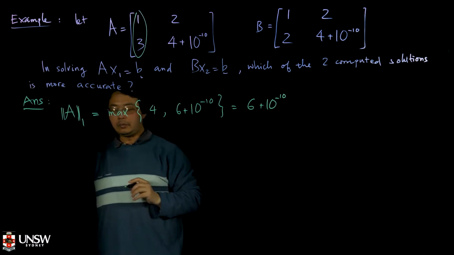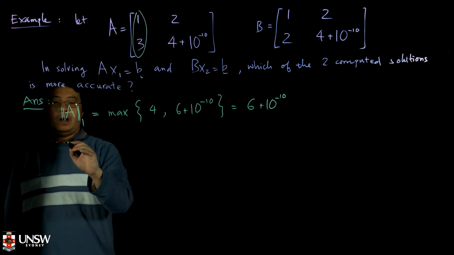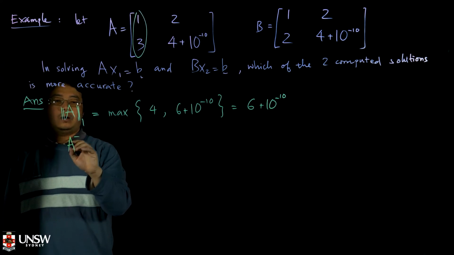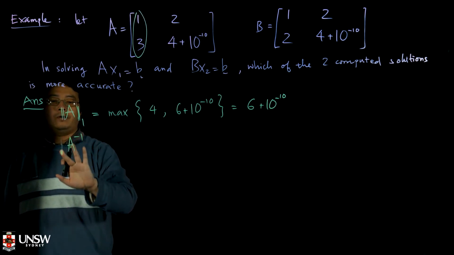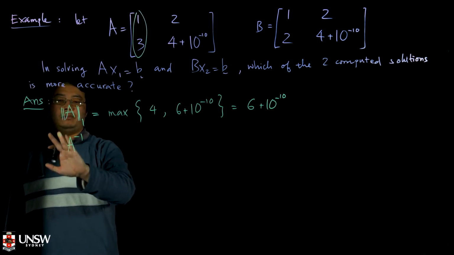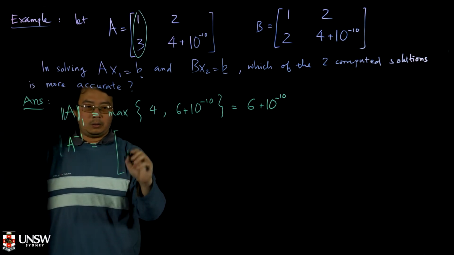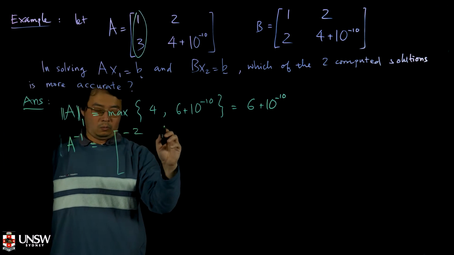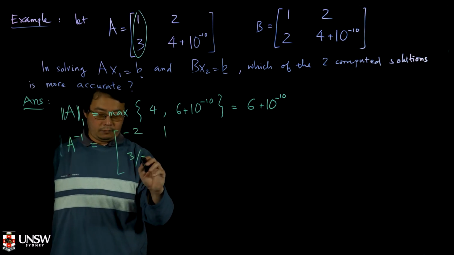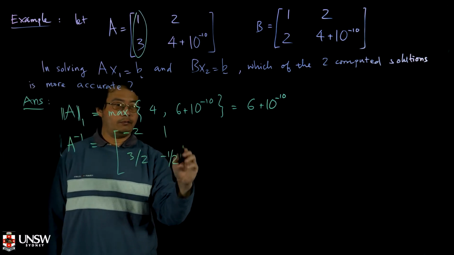Okay. And now for A inverse. First, the matrix A inverse can be computed by a formula, and it will be minus 2, 1, 3 half, minus 1 half.